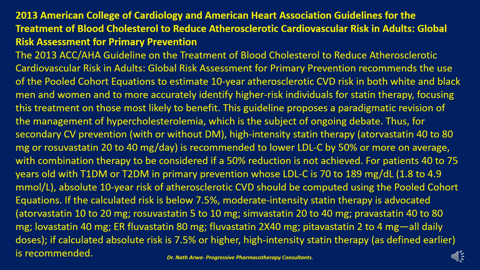For patients 40 to 75 years old with type 1 diabetes mellitus or type 2 diabetes mellitus in primary prevention whose LDL-C is 70 to 189 mg per deciliter, corresponding to 1.8 to 4.9 millimoles per liter, absolute 10-year risk of atherosclerotic cardiovascular disease should be computed using the pooled cohort equations.